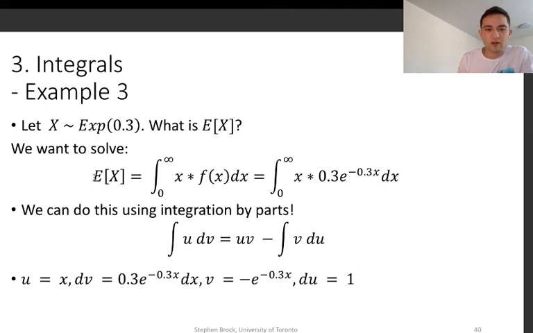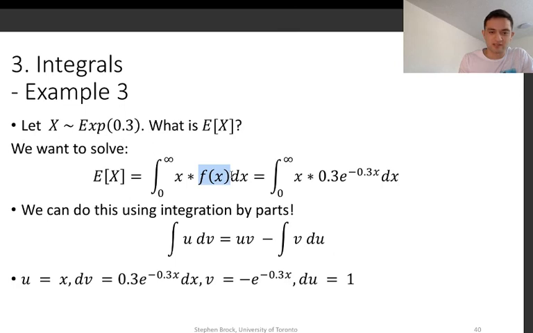This formula right here, hopefully you have learned it, but if you haven't, this is a very important formula to know for being able to answer probability questions in general. We're looking at the integral over all values of x, and we take x multiplied by the probability of getting that x.